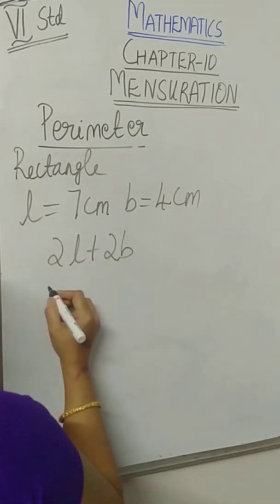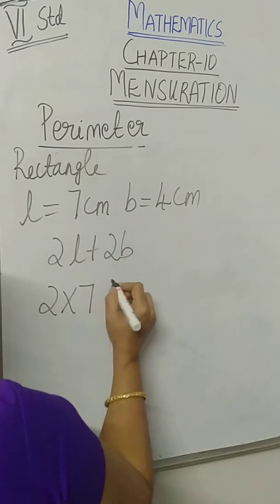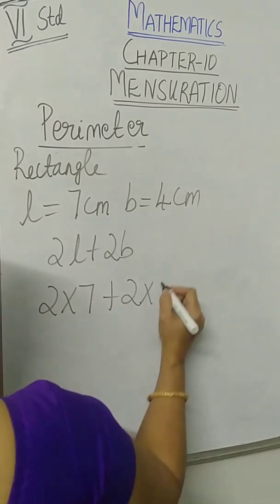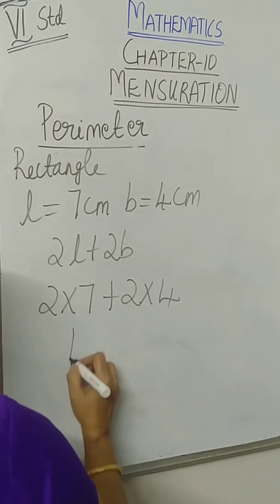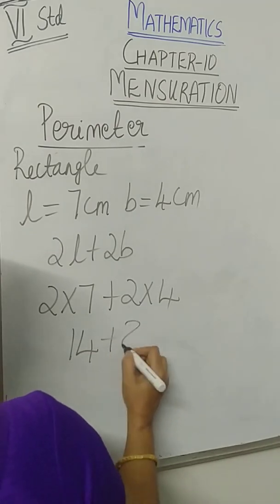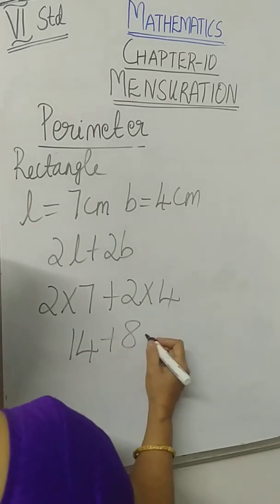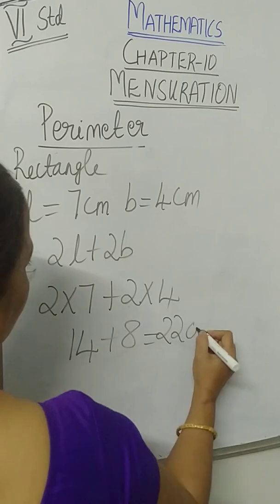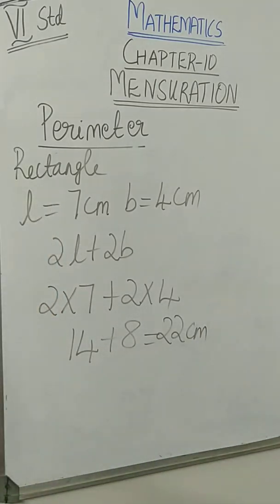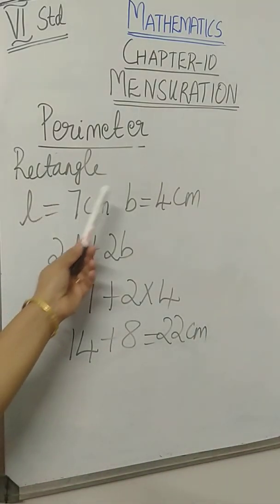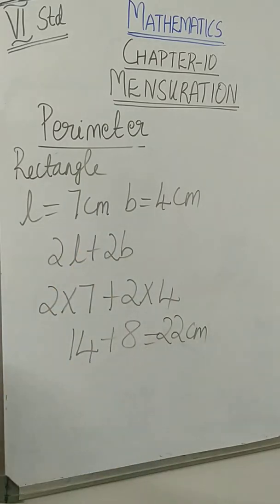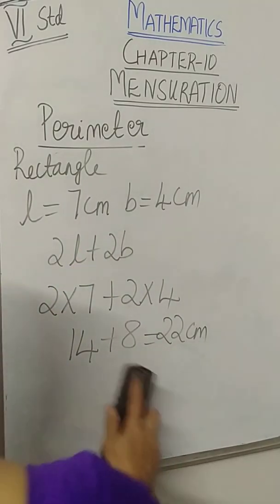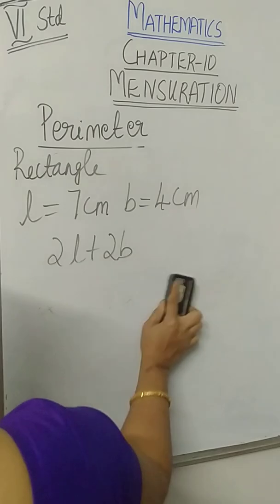You can write it as 2 into 7 plus 2 into 4. That is 2 into 7 it is 14 plus 2 into 4 is 8. 14 plus 8 it is 22 centimeter. So perimeter of the rectangle whose length is 7 and breadth is 4 is 22 centimeter. Yes, hope it is clear, children.